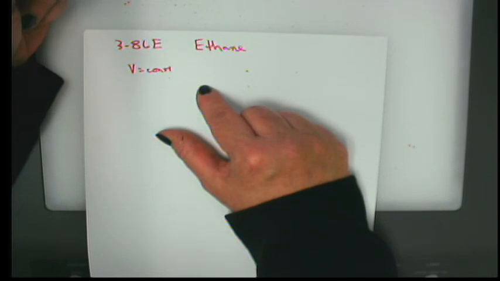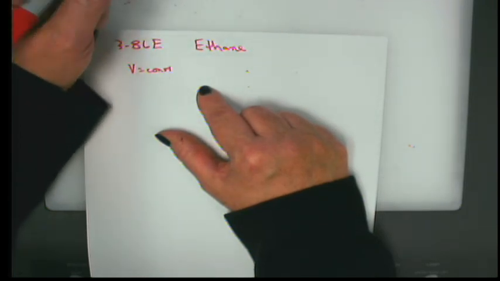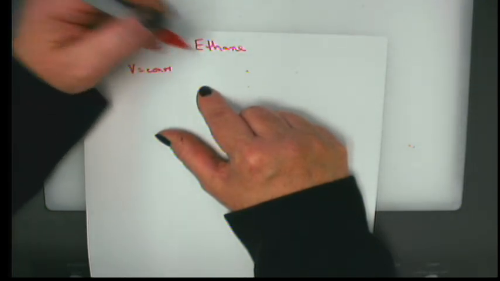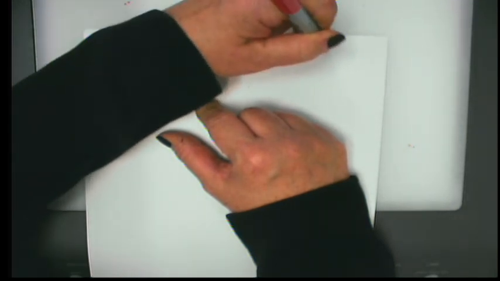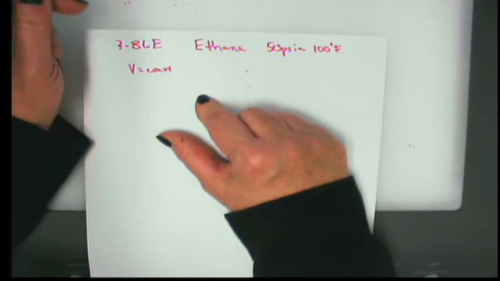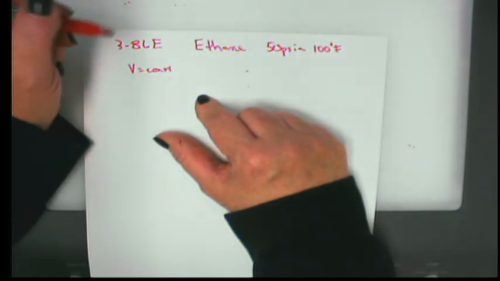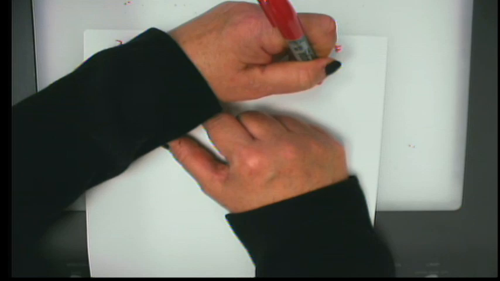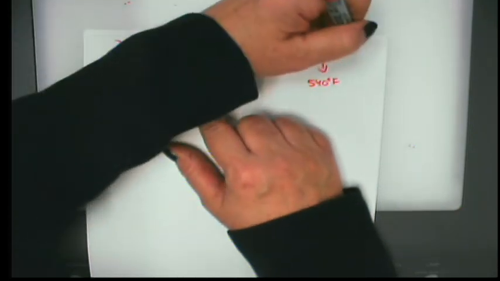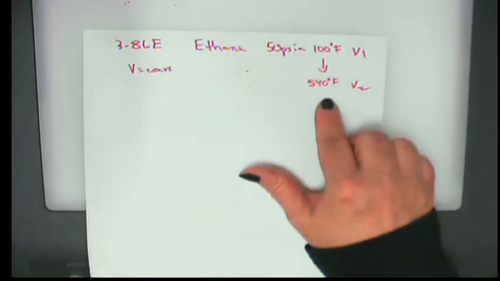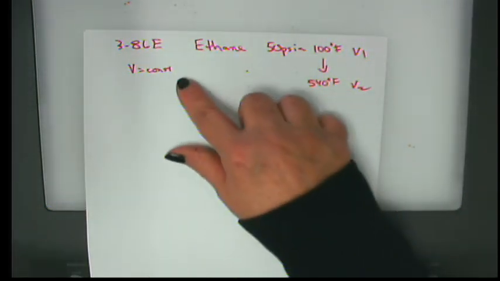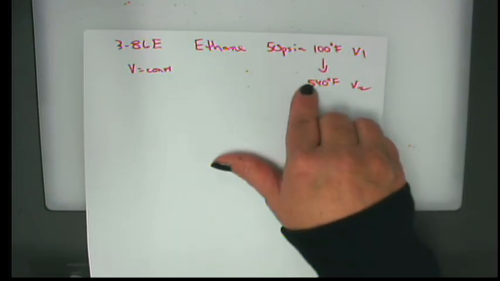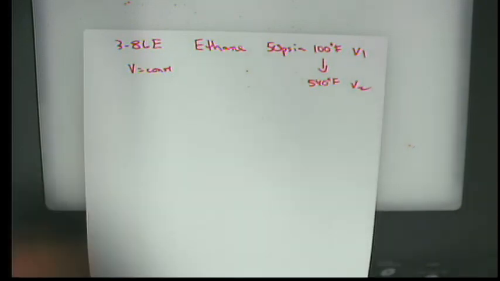And we wish to heat it from 50 psia and 100 degrees Fahrenheit until the temperature reaches 540 degrees Fahrenheit. The volume at 1 and volume at 2 have to be the same, right? Because the container is rigid.